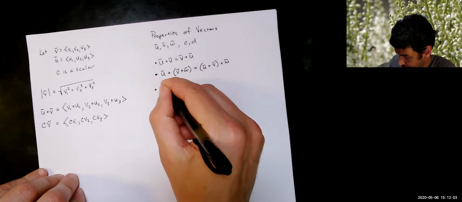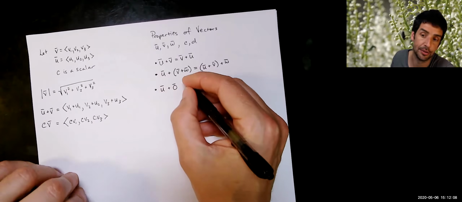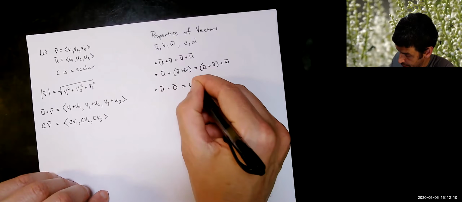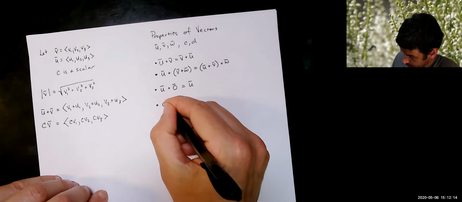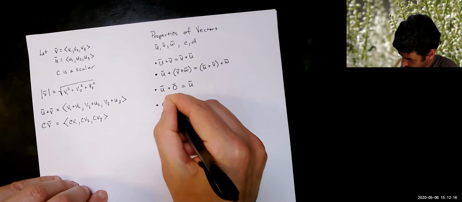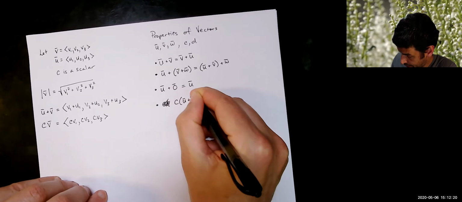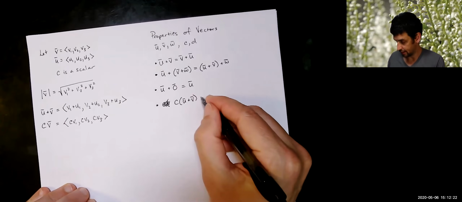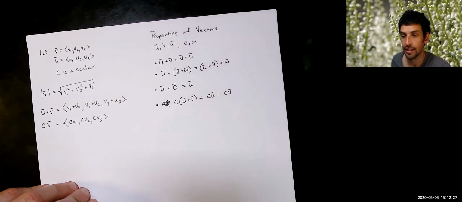We have a pretty obvious one. If you add the 0 vector, which is just the vector with components 0, 0, 0, you of course get the same vector back. If you add two vectors together and then scale it, that's the same as scaling each vector and then adding them together.